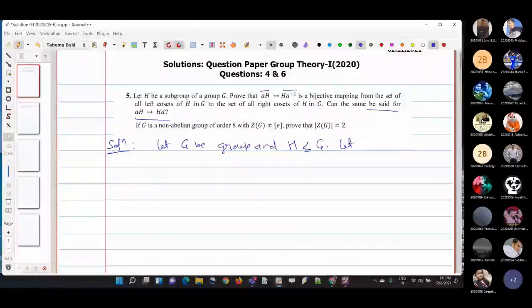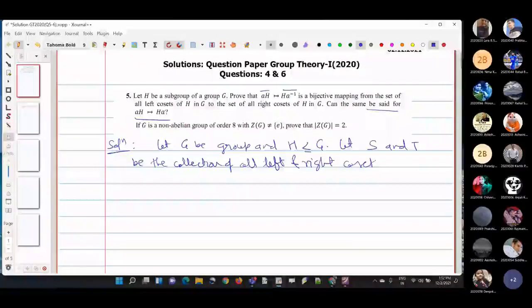Let us consider, suppose S and T be the collection of all left and right cosets of H in G respectively.